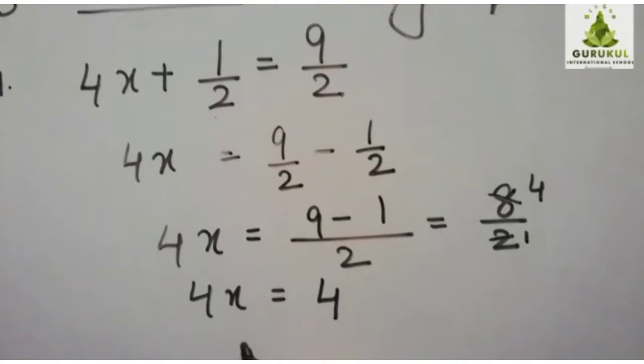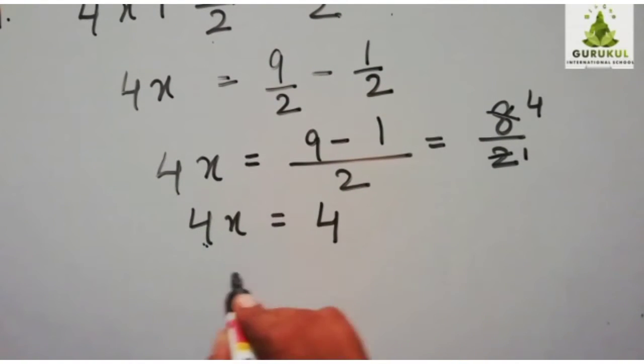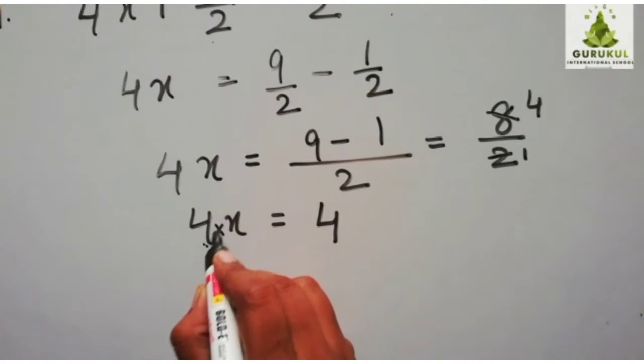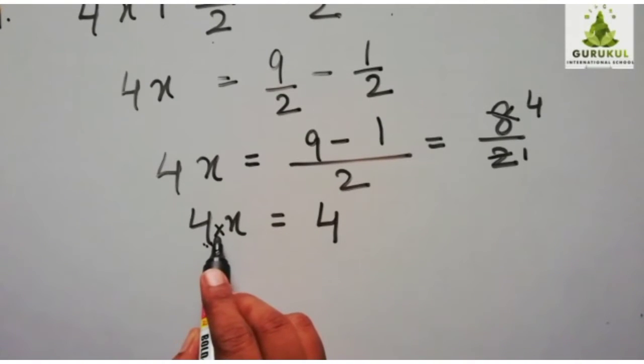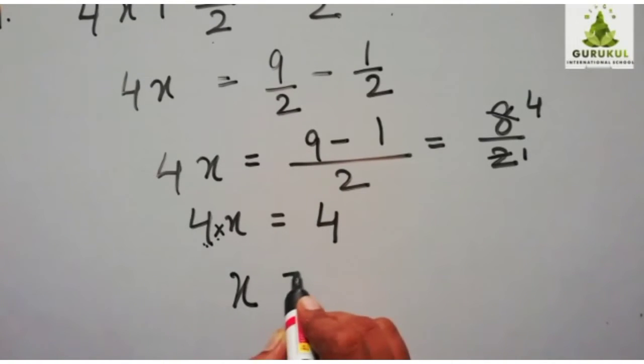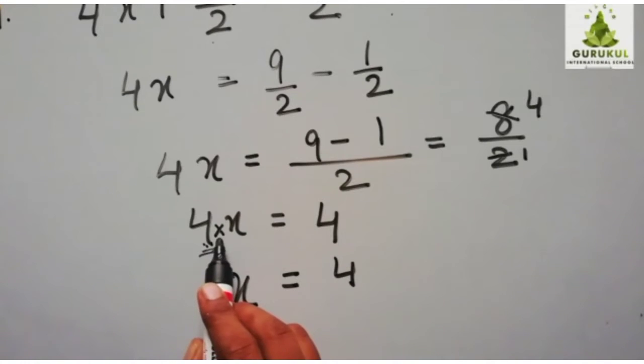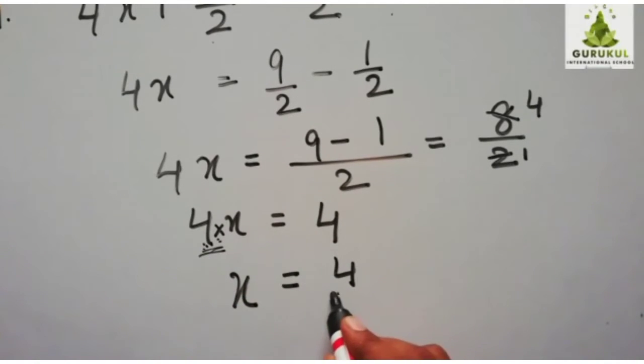Now you don't want this number 4 here. So take it to the other side. 4x means 4 into x. When this multiplication 4 goes to the other side, it becomes division of 4. Is it clear?